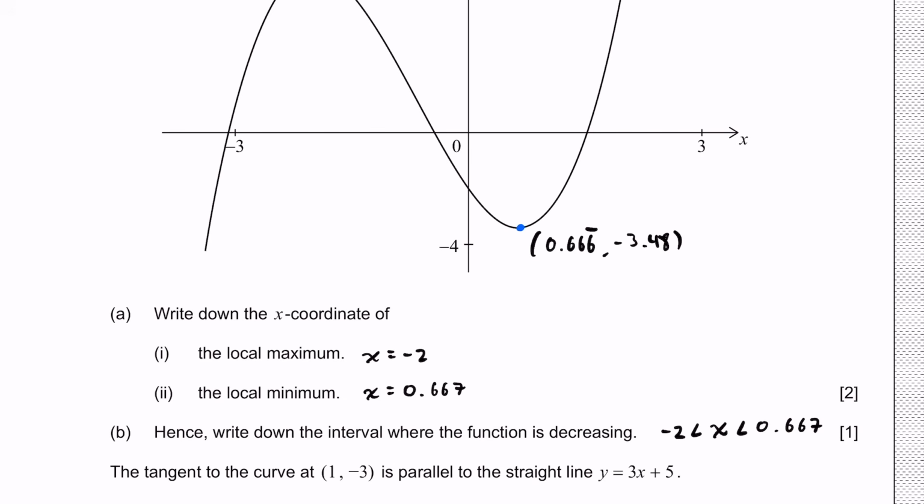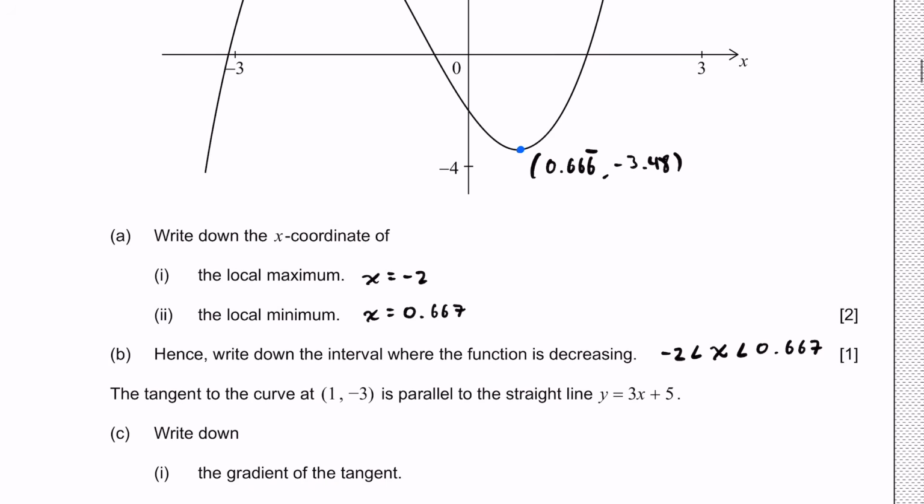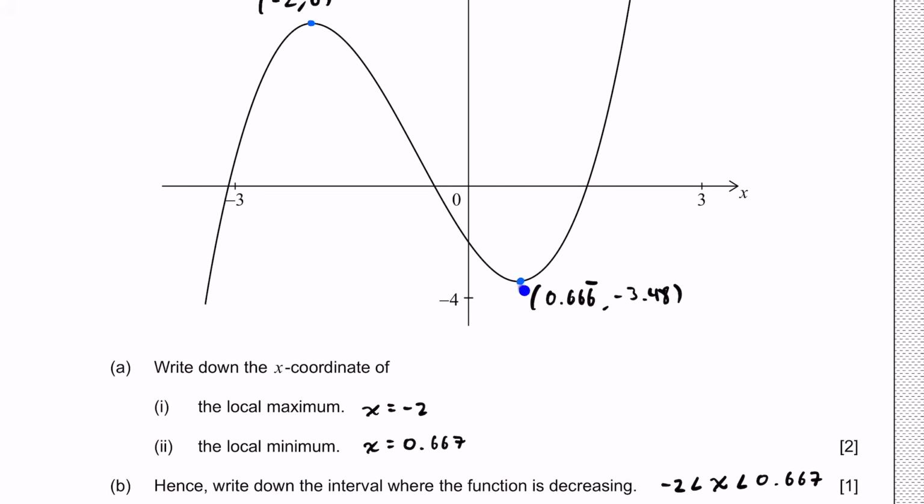Well, when x is equal to -2, this is actually going to be a straight line. It's going to be parallel to, in this case, the x-axis. So it's actually not decreasing when x is equal to -2. Only when x is greater than -2 and less than 0.667 is it, strictly speaking, decreasing.